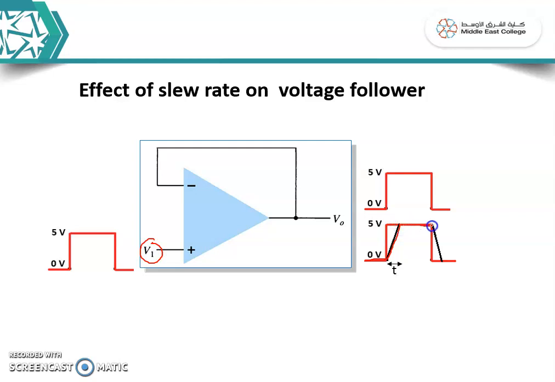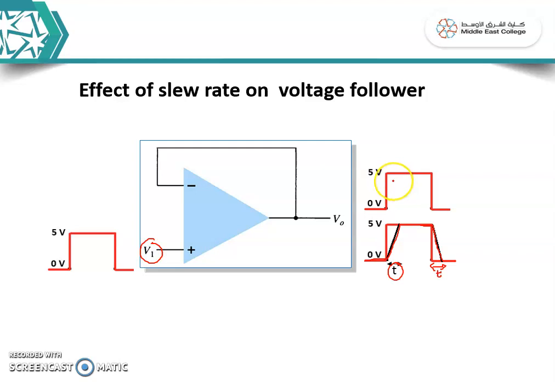Then it will stay at 5 volt. Then it will take a time to come back to 0. So this output that you get is slightly different from the output that you expect. And there is a time delay T for the output to go from 0 to 5 or from 5 to 0. So this distortion in the wave is the result of slew rate.